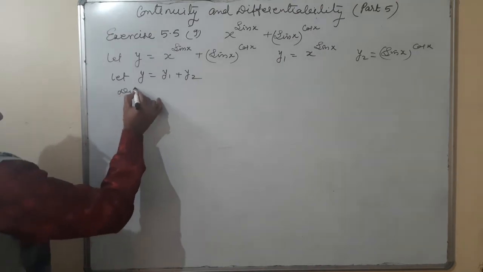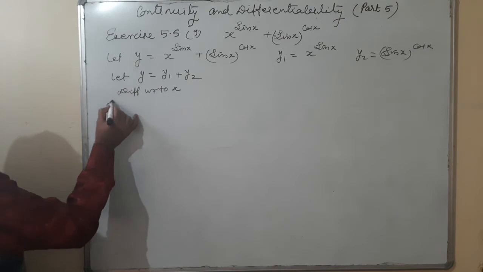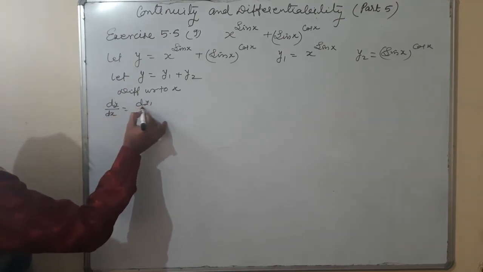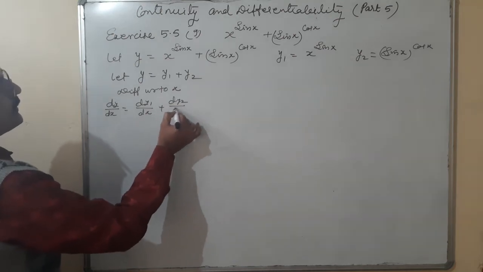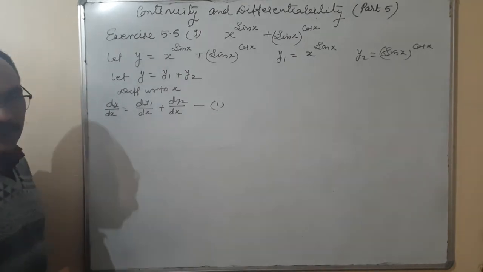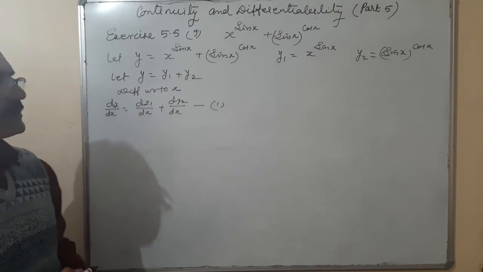Differentiate with respect to x. dy by dx is equal to dy1 by dx plus dy2 by dx. Equation number 1. Now we have to find dy1 by dx and dy2 by dx.